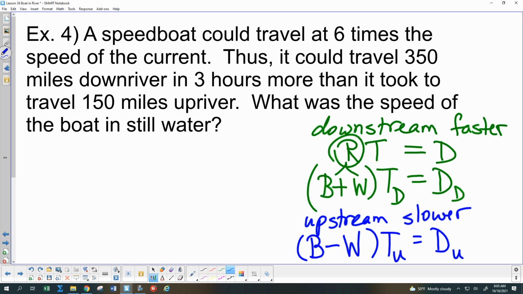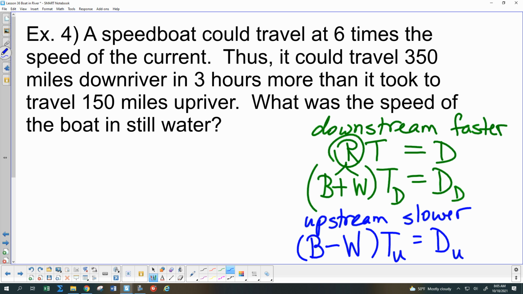It's the same thing. Does it matter going downstream? Is it B minus W like I wrote it, or is it W minus B? What do you think on that? In order to get anywhere, because these problems talk about you actually make it going upstream, which one has to be faster if you're going to get anywhere going upstream, Caleb?